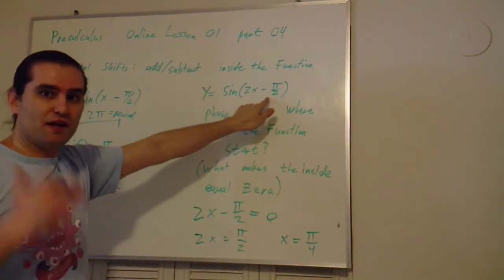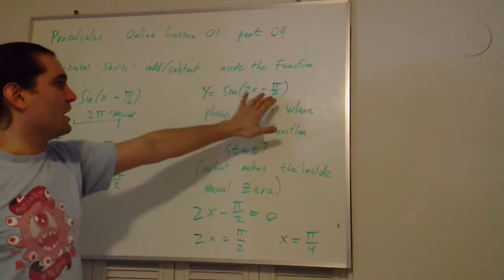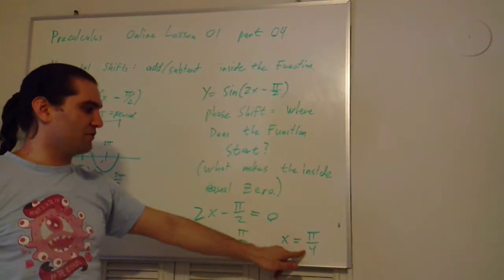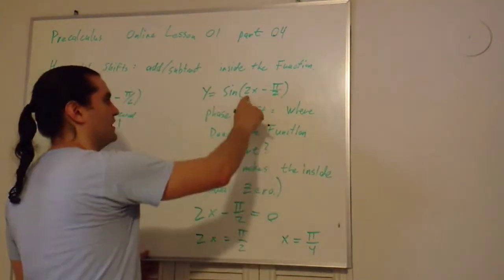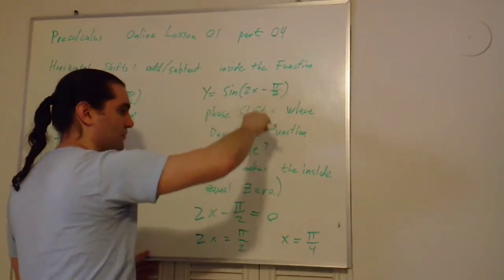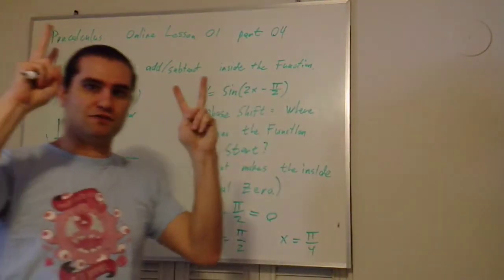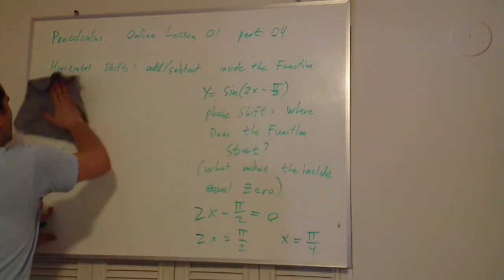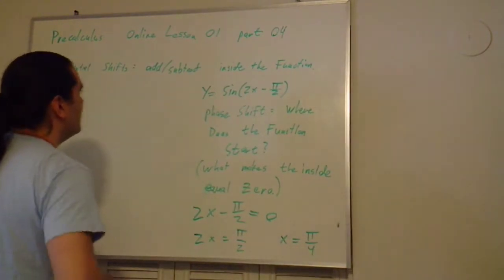And so for that, let's do an example. Y equals the sine of, let's say, 2x minus, we'll go with pi over 2 again here.